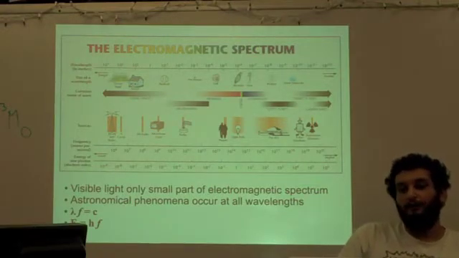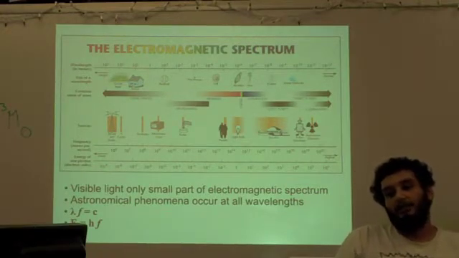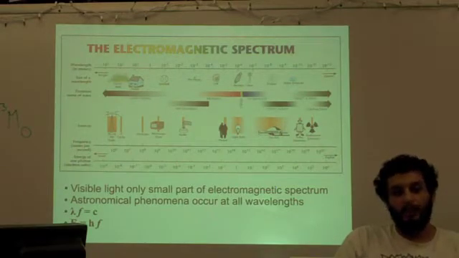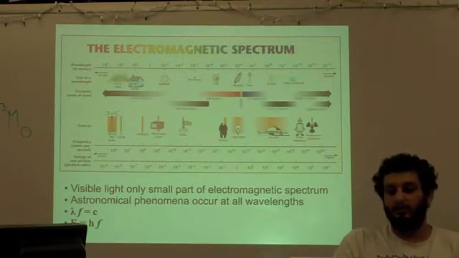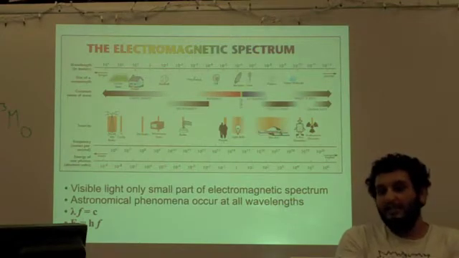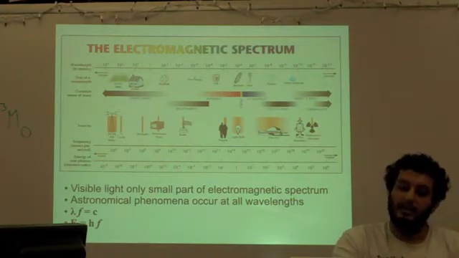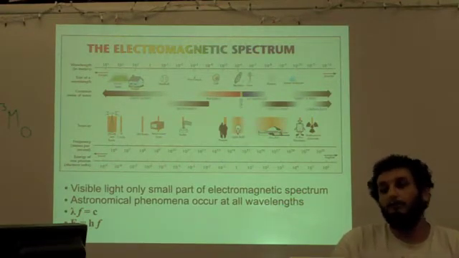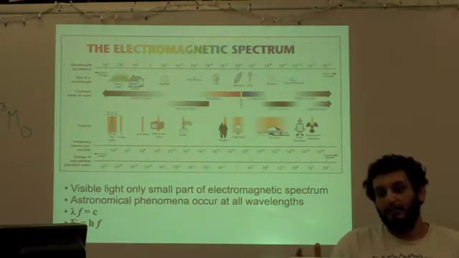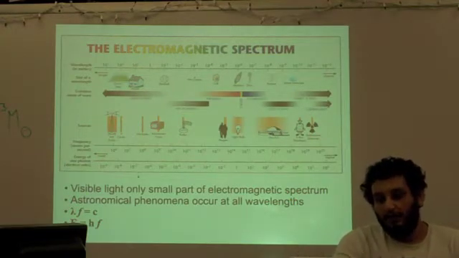Okay. So now today we're going to start talking about the electromagnetic spectrum. This is a very crucial thing to realize, is that what we see as visible light is a very narrow range within the much larger electromagnetic spectrum. So visible light is here in the electromagnetic spectrum.